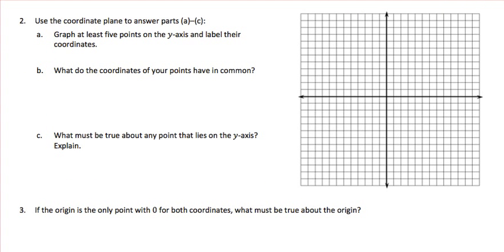So then in exercise 2, they ask us to graph at least 5 points on the y-axis and label their coordinates. So let's put some here. Let's include the origin. And there's 5 points. Their coordinates, 0, 0 is our origin.